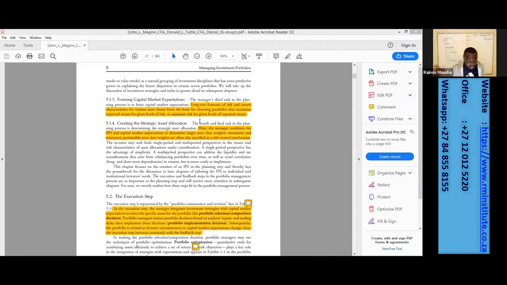So you can also put in, as part of the strategic asset allocation, the permissible range of percentage of investments of the portfolio that the portfolio manager can allocate.